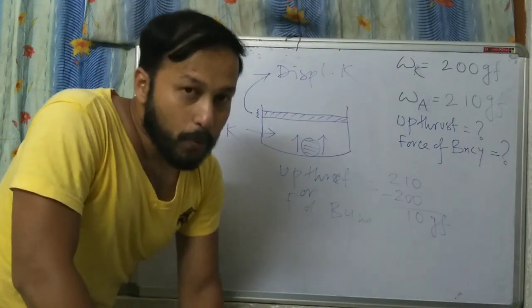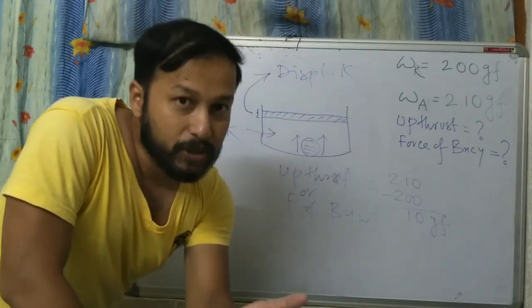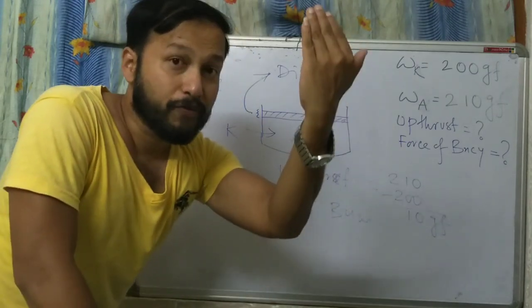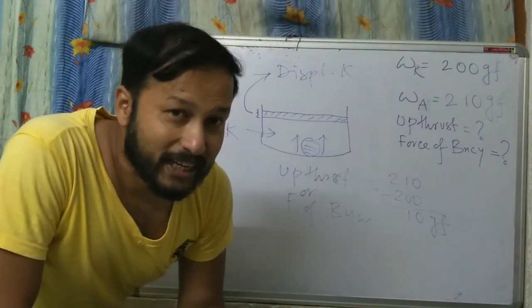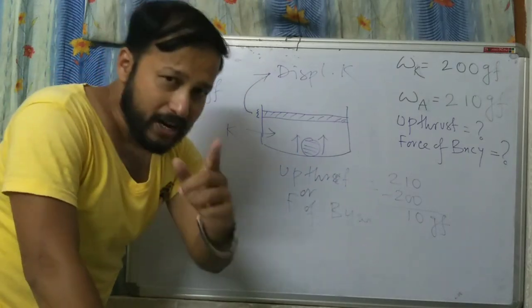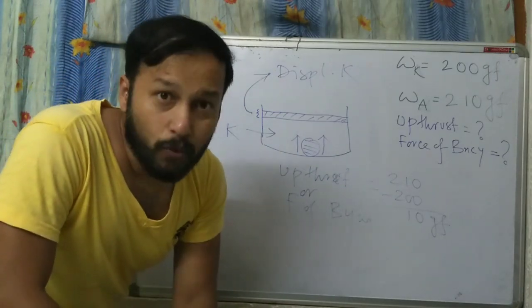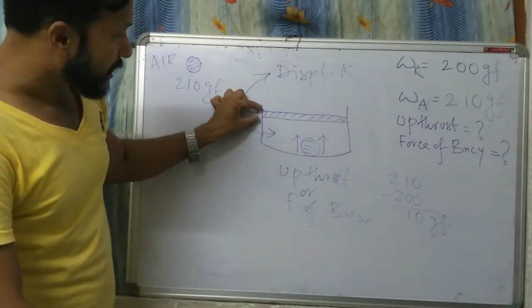As I told you, when you immerse an object in a liquid, the object feels an upward force, which we call the force of buoyancy or upthrust. This is the upthrust. Now, if I ask you, what is the weight of the displaced kerosene? This is the displaced kerosene.